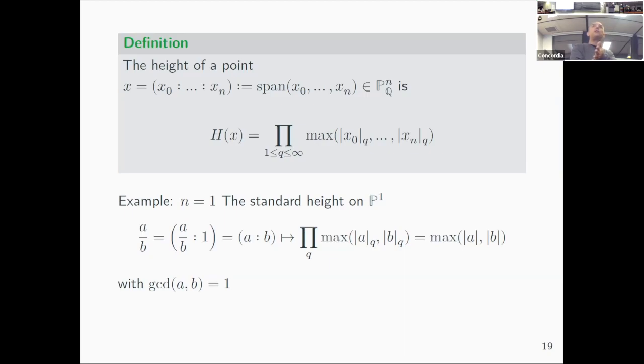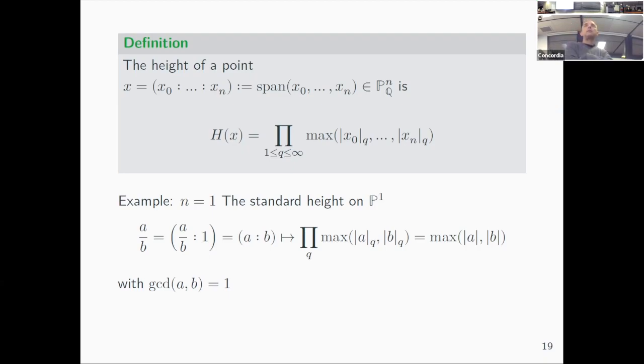And that's fairly easy to see, because if you take a number, let's say an integer, you write it as a product of primes. If the prime q shows up, the q absolute value is q to the minus r, but all the other ones are 1, and the one at infinity is q to the r. So these cancel out, and you just get 1. So this thing is actually well defined.